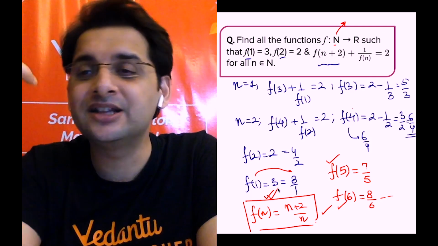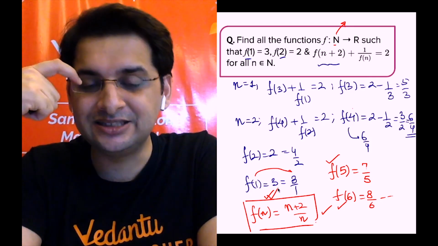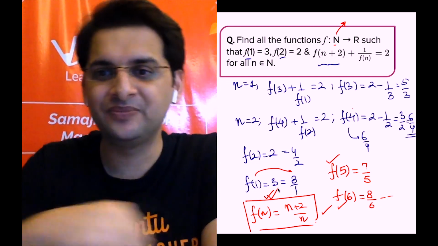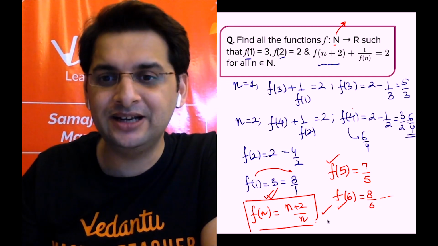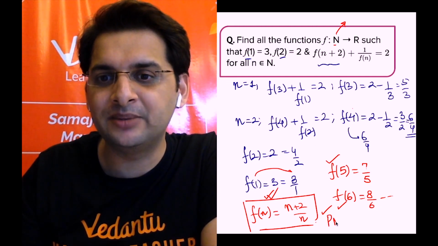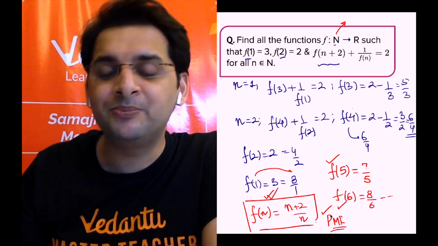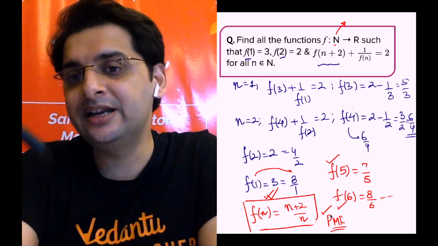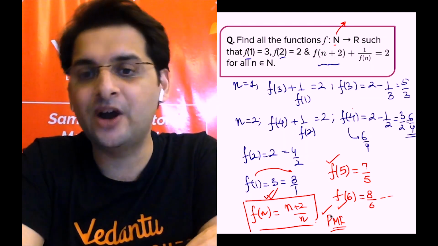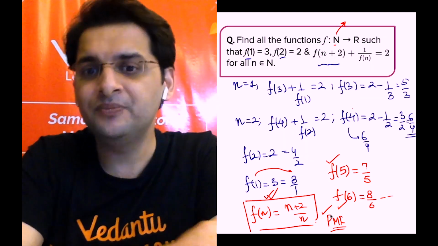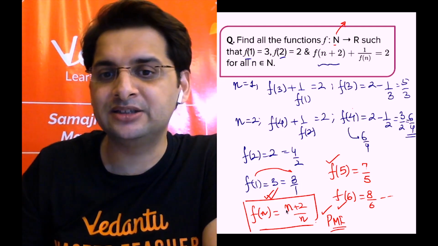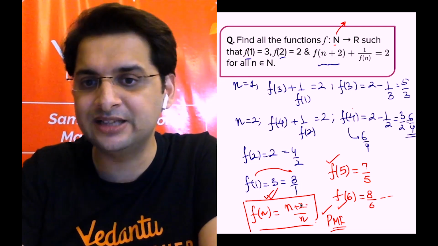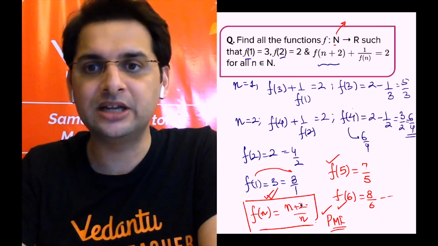So what is another method which is used to prove formulas in general? Yes, most of you guessed it. I'm talking about the principle of mathematical induction. The principle of mathematical induction is a tool to validate the formula which we have found. We'll use it to prove this claim that f(n) is (n+2)/n for all natural numbers.